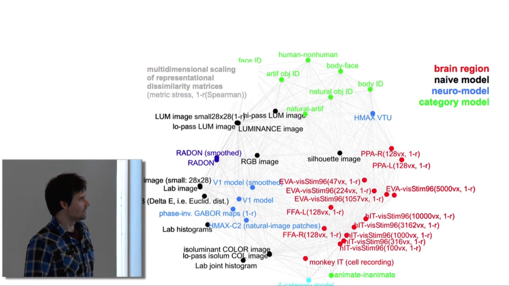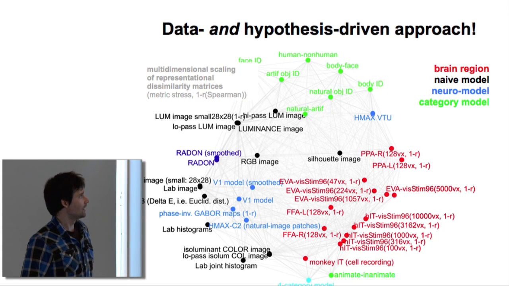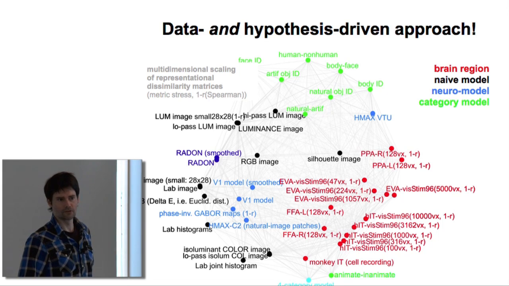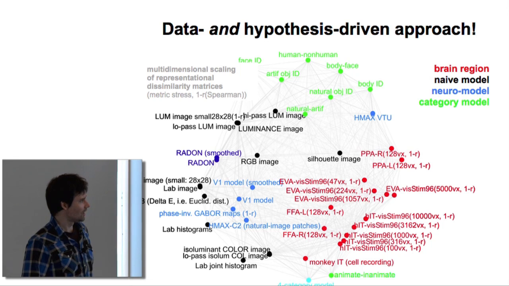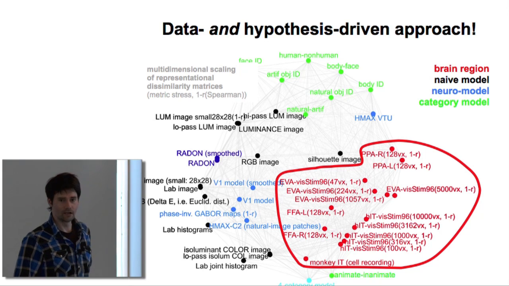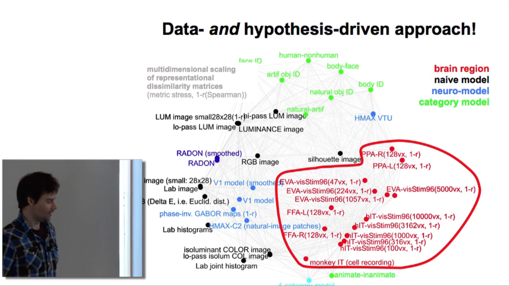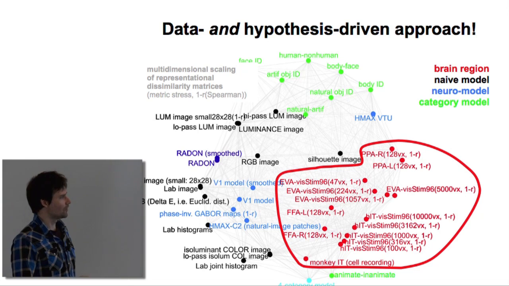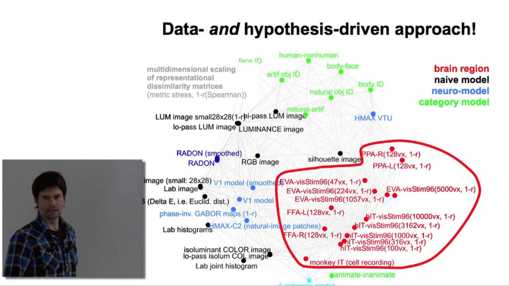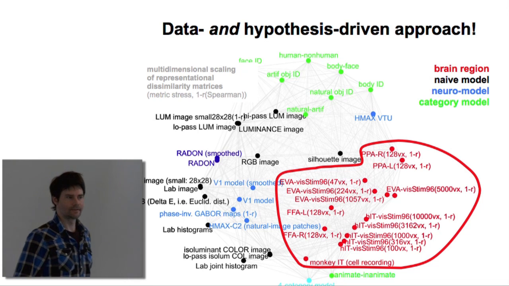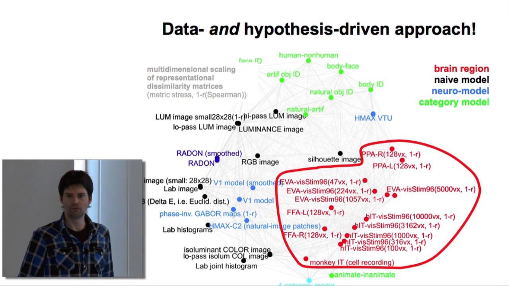So here I've used the same color code as before, and this would make it a data and hypothesis-driven approach now because there are so many models. The major challenge that this suggests is that all the brain regions are in a cluster, and all the models are around, but they're not really invading that cluster and allowing us to match up one-to-one which model explains the representation in which brain region, right?